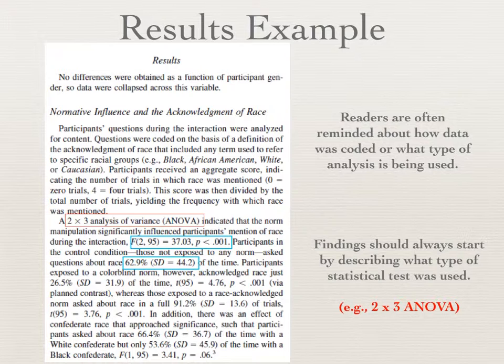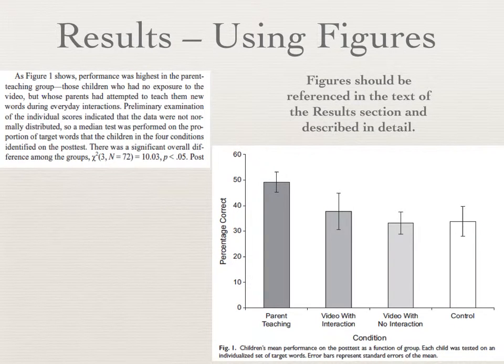So we have an F statement saying here it was significant at less than 0.001, and it also gives us information about descriptive statistics as well. We have information about standard deviation and those sorts of things, in addition to those inferential statistics we see with that F statement.